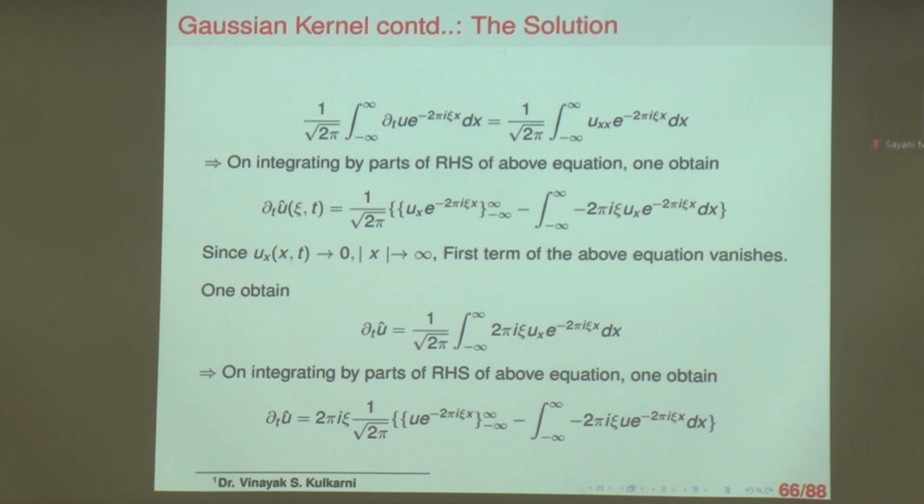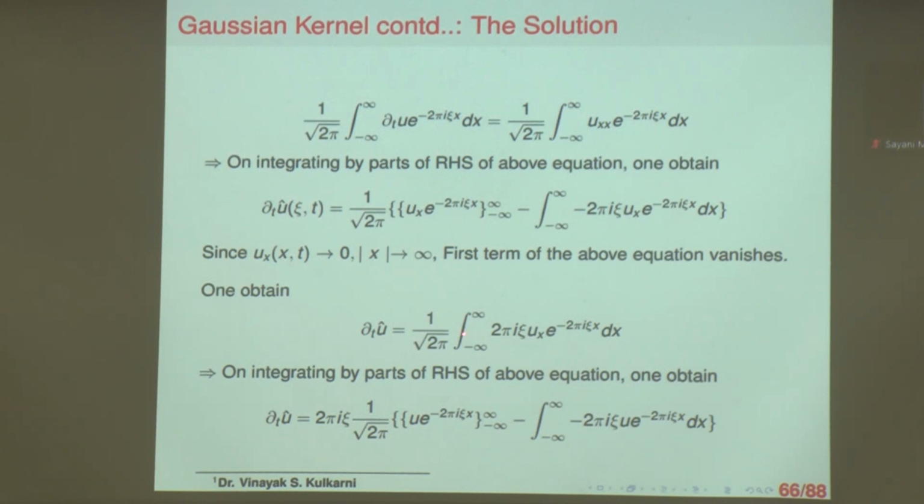This type of simplification I will have to do. Again, for the boundedness condition, u_x tends to 0 as x tends to infinity. So u_x, the rate of change of temperature with respect to x, will tend to 0 as x tends to infinity, and therefore this first term vanishes.